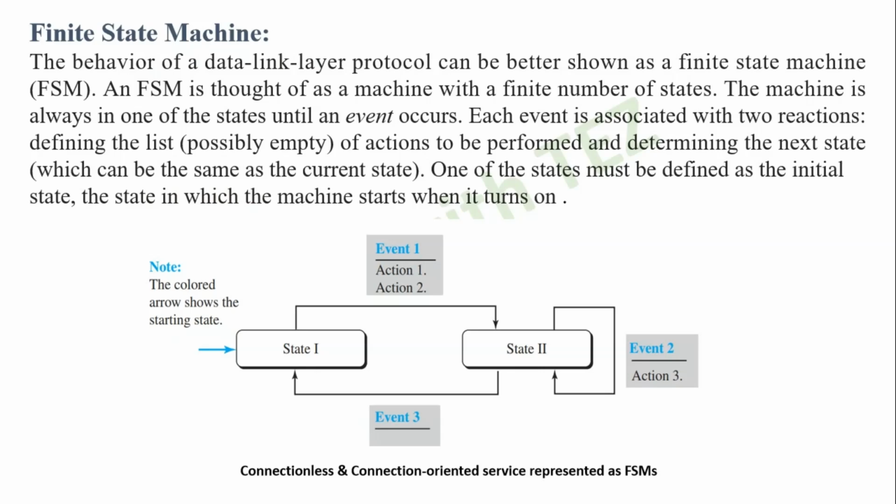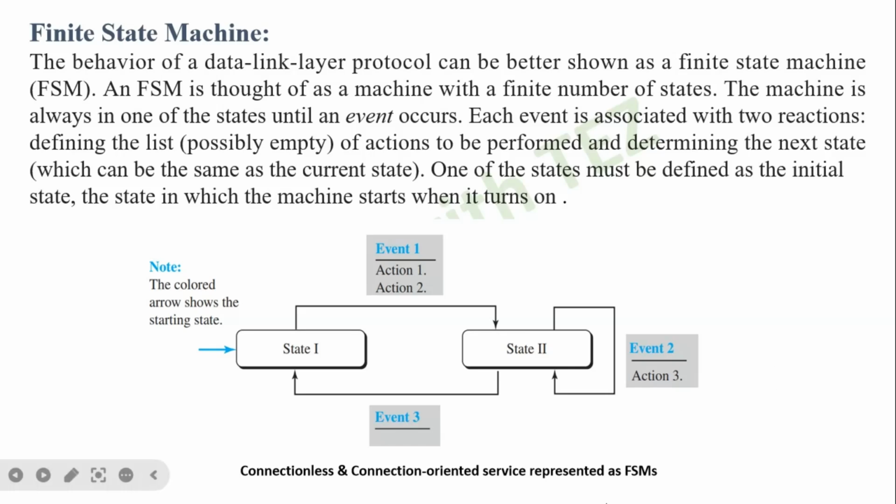Once the event occurs, it will either stay in the same, current state, or move to another state. So once any event occurs, there are two reactions: one is the possible actions that can be performed, and the next is determining which state it will be in, whether the current state or a jump from one state to another. These are the two things we have to look at.